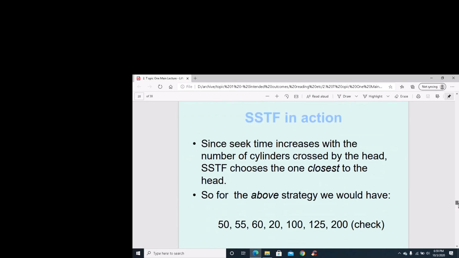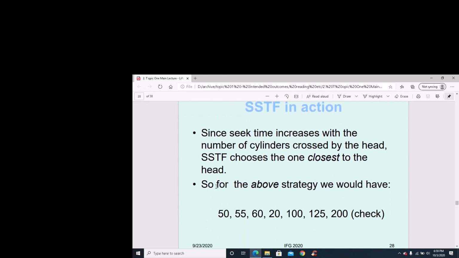And the above strategy would involve rewriting the list of requests into this list here, and check to make sure that after the read-write head has gone to track 50, which is the nearest track to track 40, then visit track number 55, which is the nearest track that needs to be serviced of all the requests that have come in.